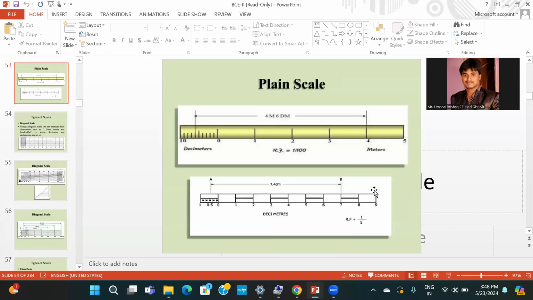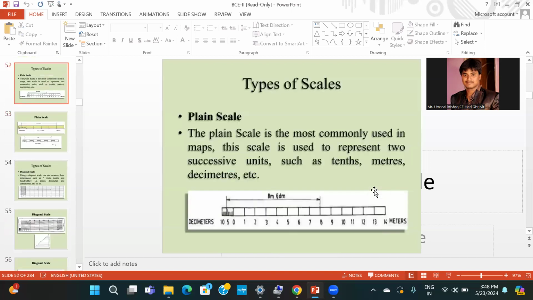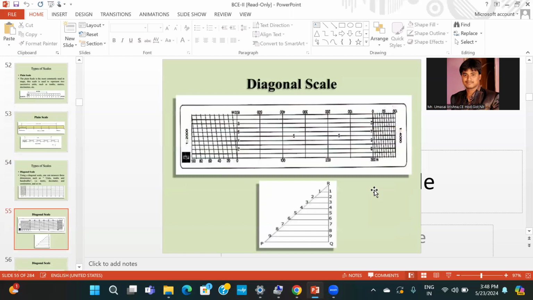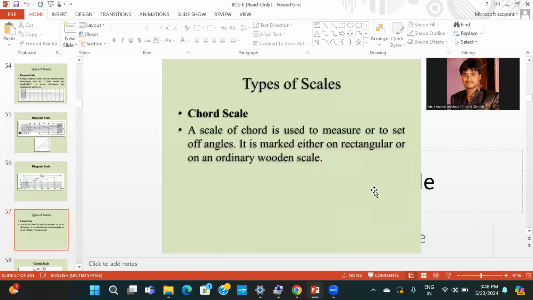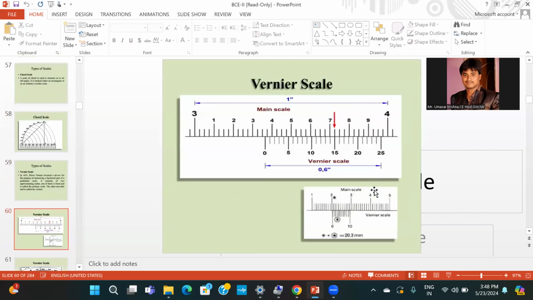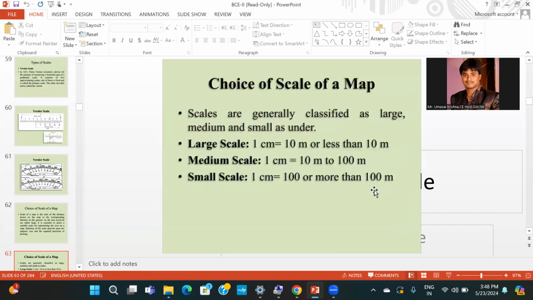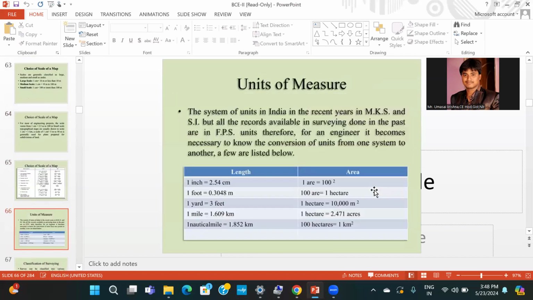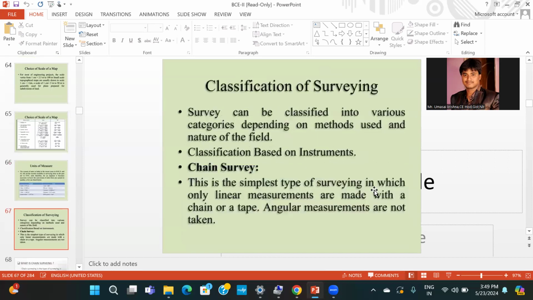This is not in your syllabus, but the types of scale are plain scale, diagonal scale, chord scale, and vernier scale. Here are some standard units: 1 inch equals 2.54 centimeters, 1 foot equals 0.304 meters, 1 yard equals 3 meters, 1 mile equals 1.609 kilometers, and 1 nautical mile equals 1.852 kilometers.